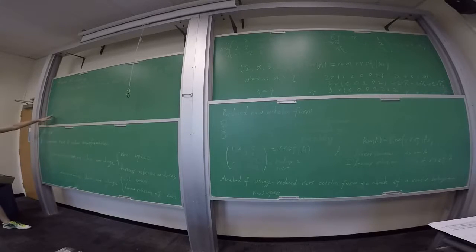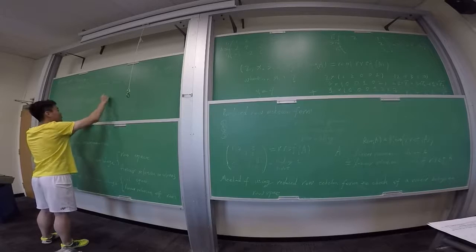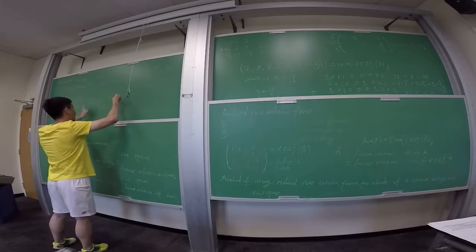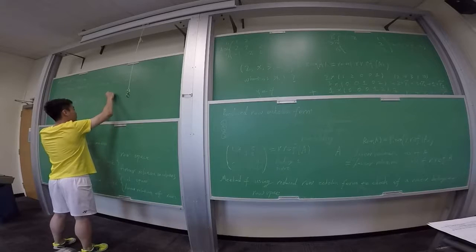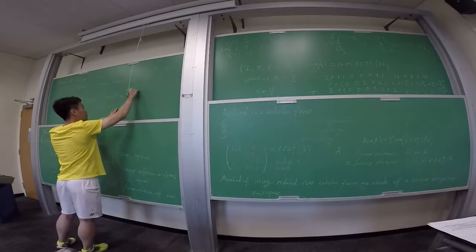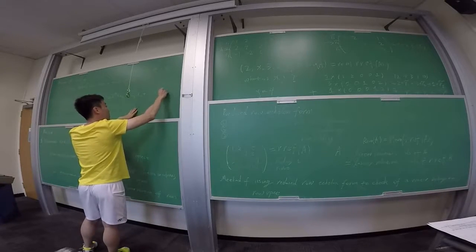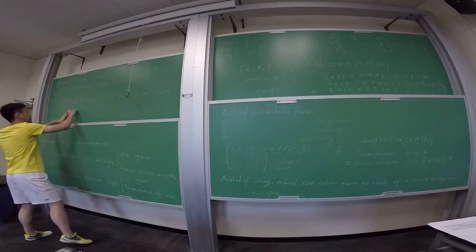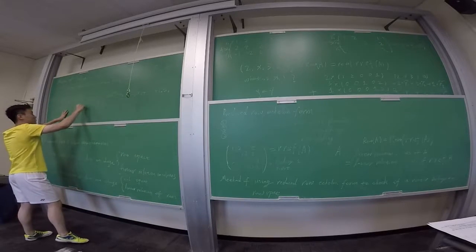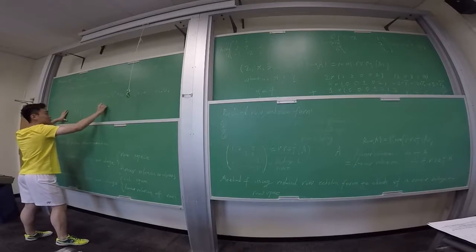It means this column matrix can be written as each column of A multiplied by some number, where I denote the columns of A as C1, C2, C3, until Cn.